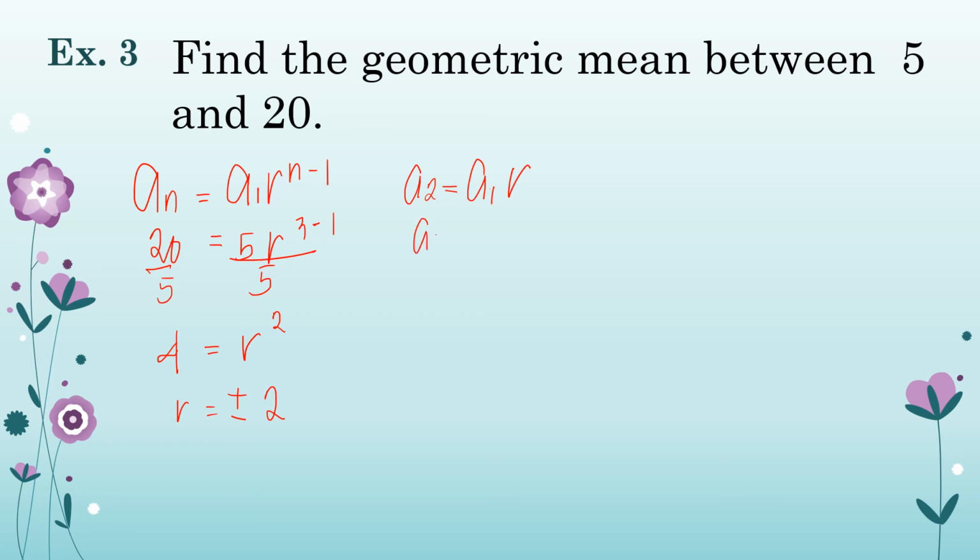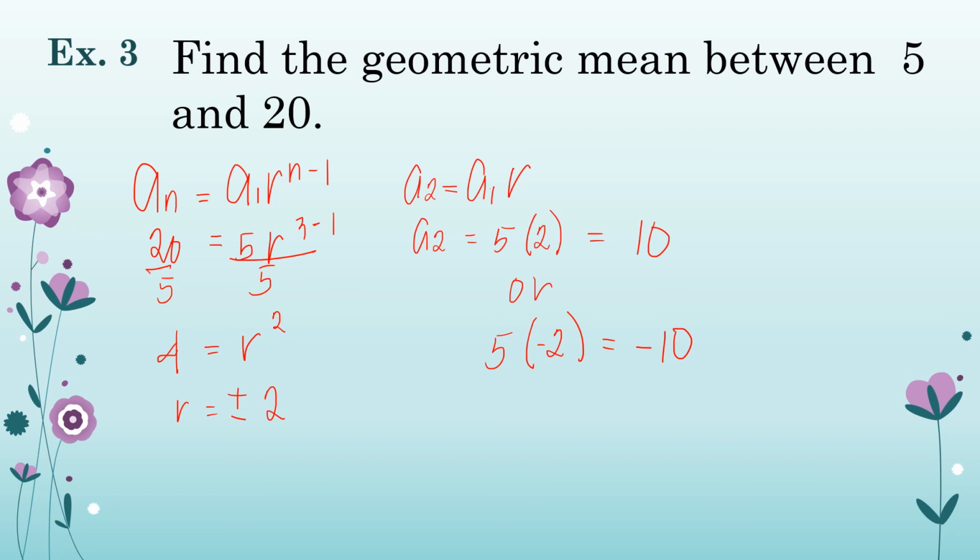So, a sub 2 therefore is equal to 5 times 2 if r is positive, and that is 10. Or 5 times negative 2, which is equal to negative 10. Do you get it? So there are two possible geometric means. So either positive or negative. Okay?